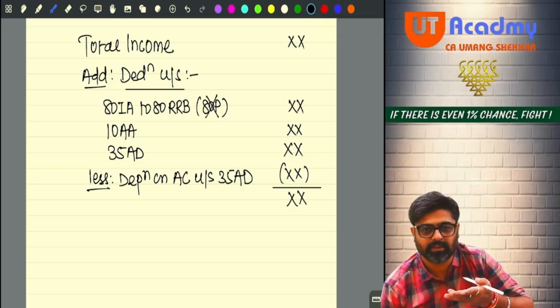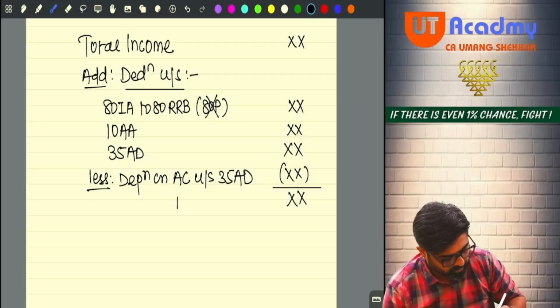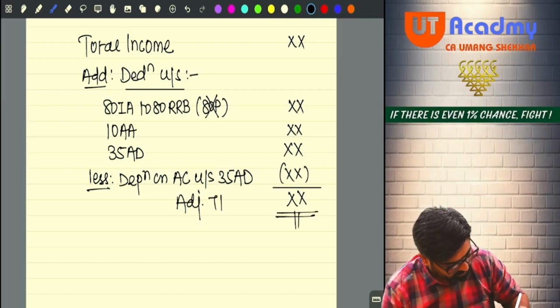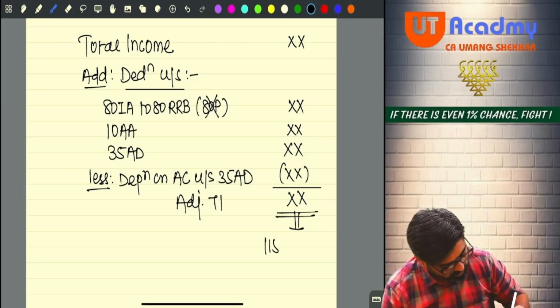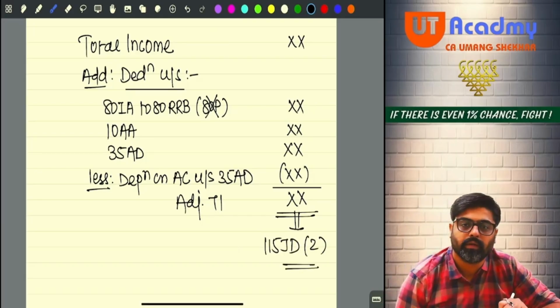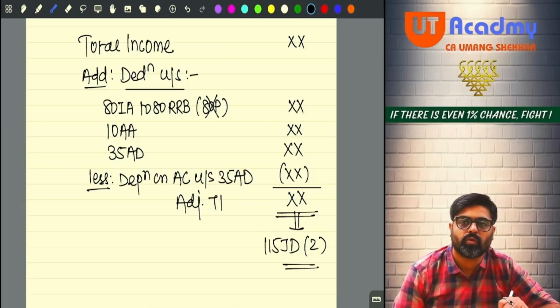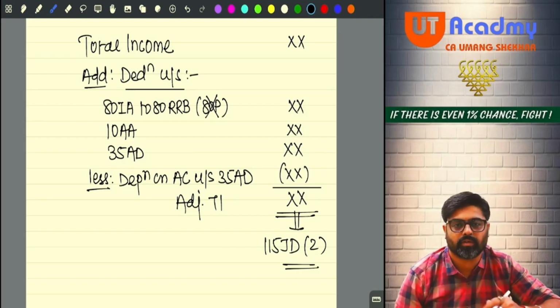This is nothing but the adjustment happening in your total income. So after doing these adjustments, whatever amount will be there, that will be your adjusted total income. This you have to calculate. This is given under section 115JD subsection 2. Subsection 2 says how to calculate your adjusted total income.